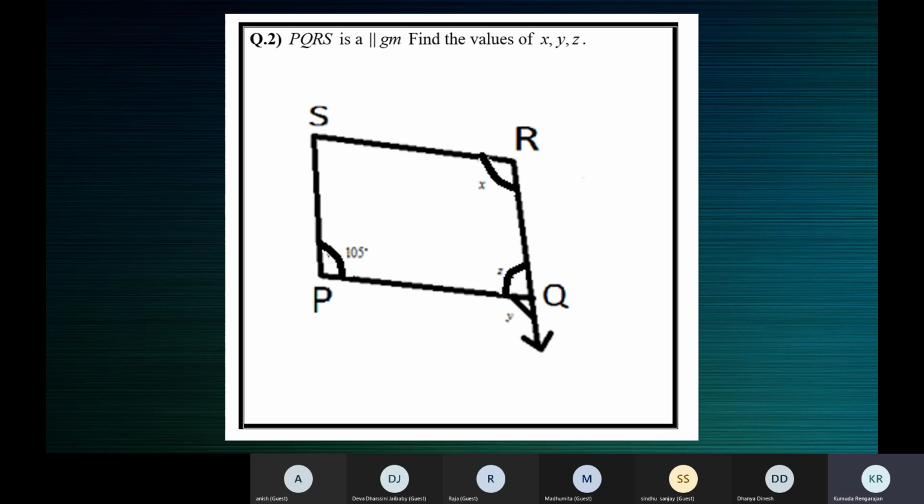What about Y and Z? We'll find Y first and then Z. You need to recall the adjacent angles of... Very good. But can we recall some properties of parallel lines intersected by a transversal? You must have seen this last year.